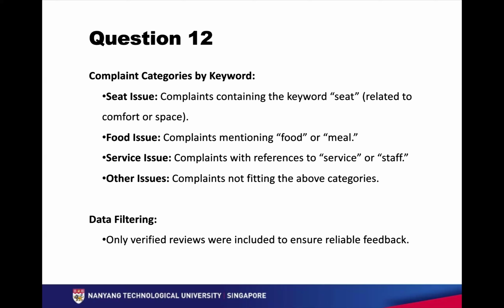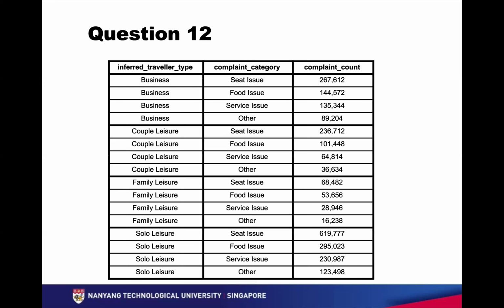This keyword-based filtering helps us map different traveler concerns accurately and connect these complaints to specific traveler types. Now that we had both the traveler types and complaint categories identified, we combined these data sets to analyze trends. Then I'll hand it over to my teammate Tianyu to introduce our key findings.